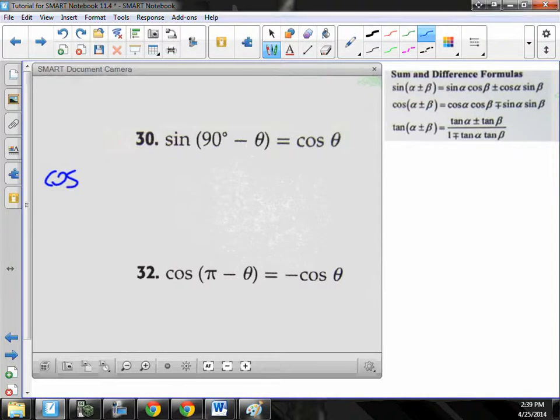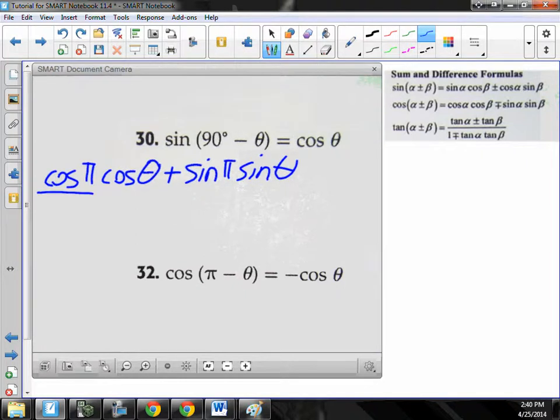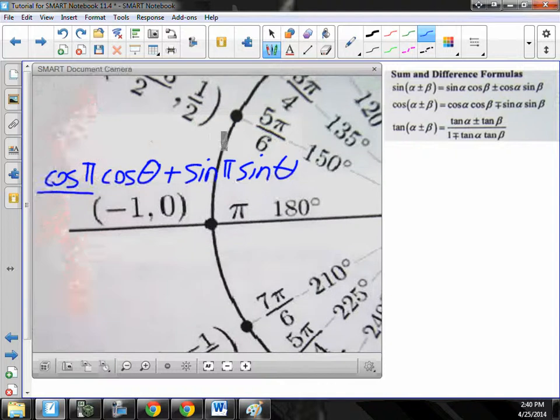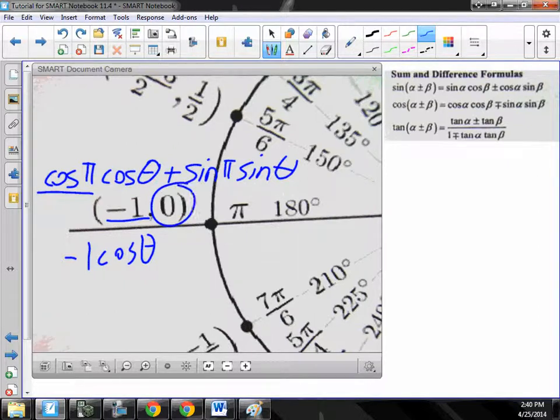So cosine of theta, cosine of pi, cosine of theta, plus sine of pi, sine of theta. Well, cosine of pi is negative 1. So we get negative 1 cosine of theta. The sine of pi is 0, and 0 times the sine of theta is always 0.